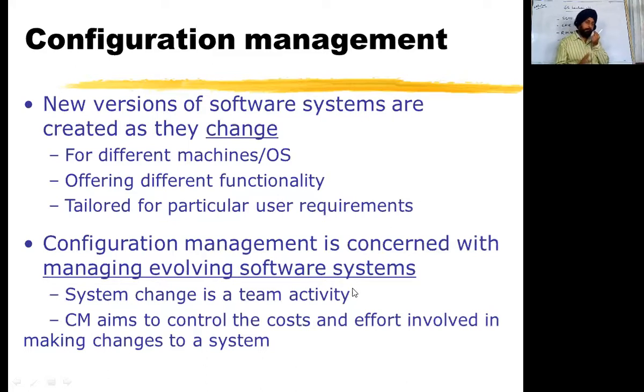First of all, we have to control the cascading ill effects, and we also have to control the cost and the effort involved in making changes. If the change requires a very high cost that is not affordable by the customer, then that change is not desired. But if the operating platform has to be changed, then you have to change it.